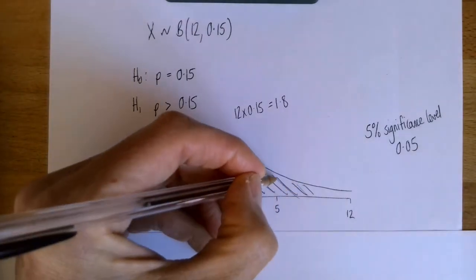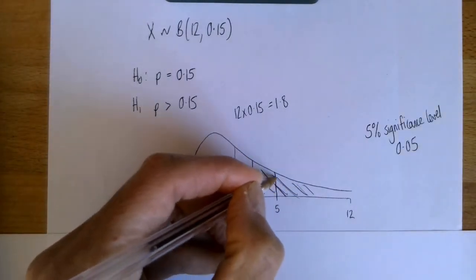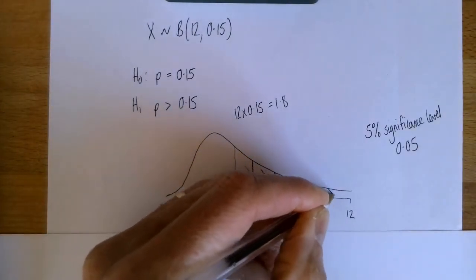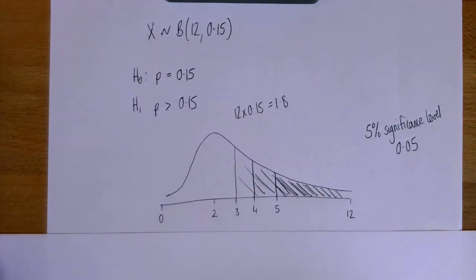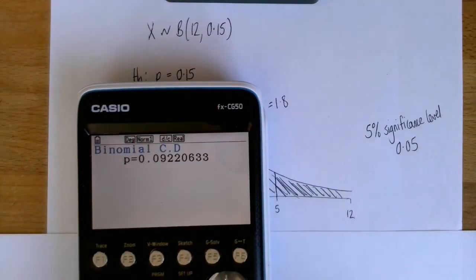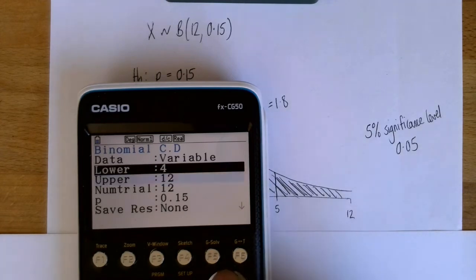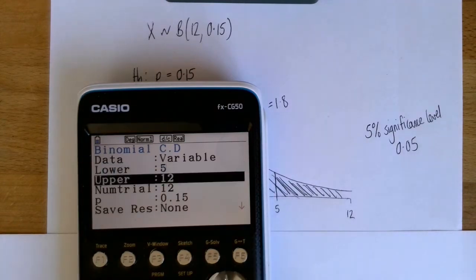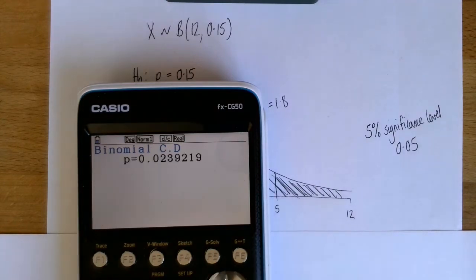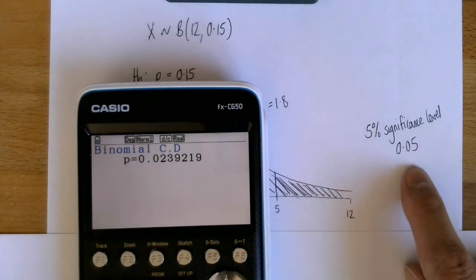But what about if it is 5 or bigger? So let's look at that probability. Still upper of 12, obviously. I've dropped below 0.05.